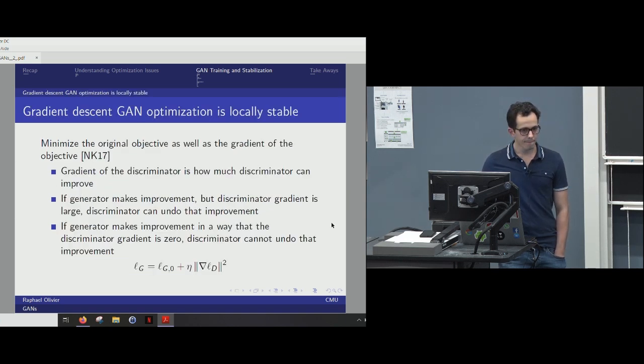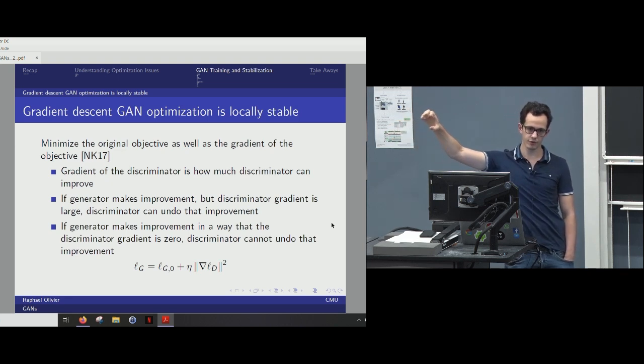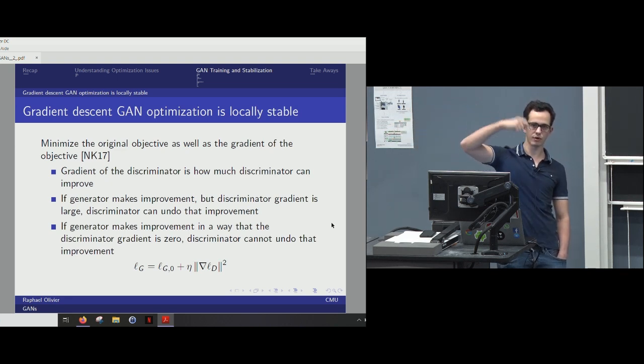The gradients of the discriminator are small. Do the gradients of the generator also get smaller for the backpropagation? Not necessarily, because the gradient of the discriminator means the gradients compared to the weights of the discriminator, and that's not the same thing as what backpropagates through the discriminator and gives you your feedback for the generator.